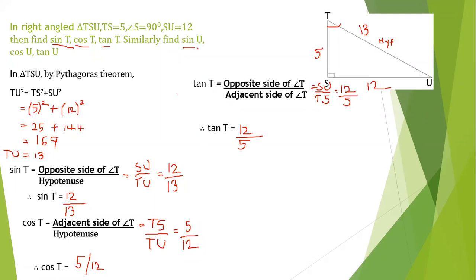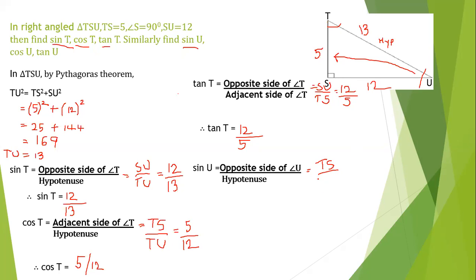The next one is sin U. So first we will write the formula. Sin U is equal to opposite side of angle U upon hypotenuse. So you can see angle U over here. Now which side is opposite to it? Side TS. So here we will write TS upon hypotenuse will be side TU, right?